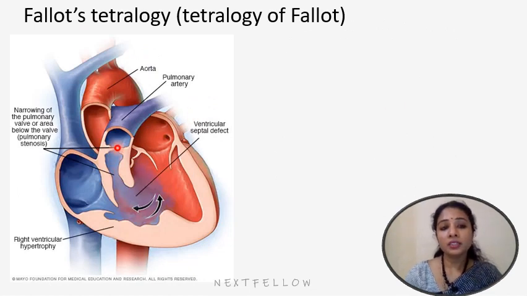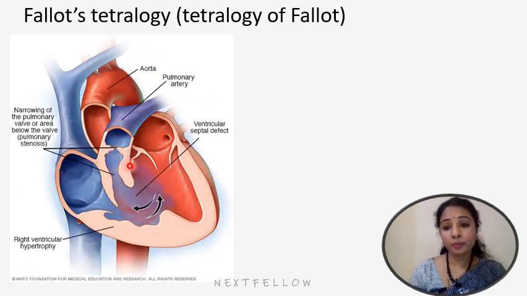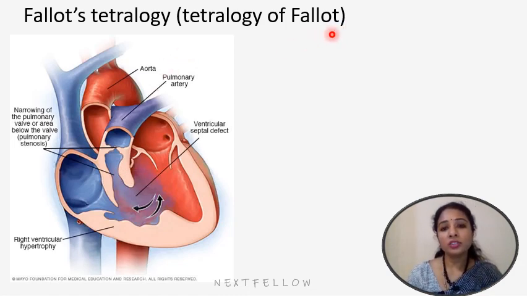Next, about Fallot's tetralogy, that is four abnormalities in the development of the heart. It is otherwise called tetralogy of Fallot, and this condition occurs due to a combination of four cardiac anomalies. One is pulmonary stenosis: narrowing of the pulmonary trunk.